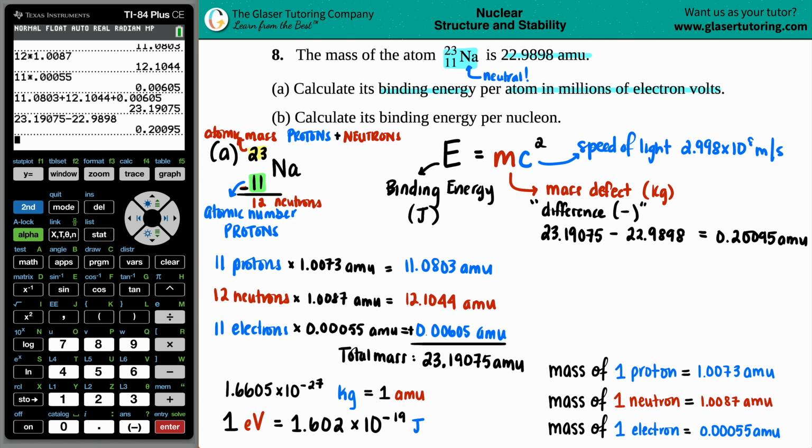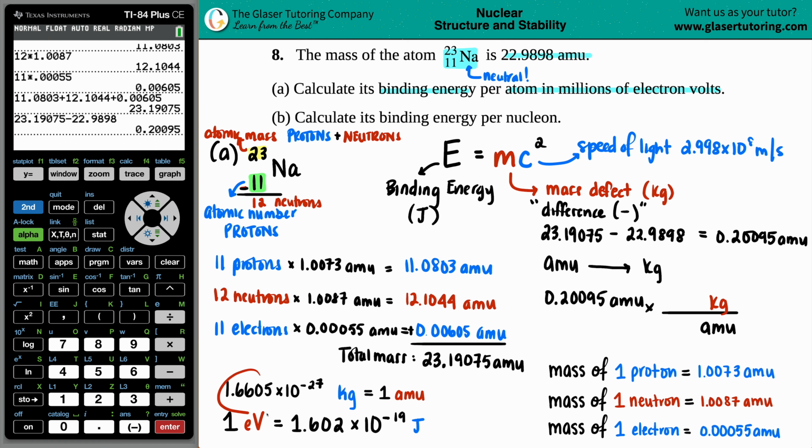So before we even do that, we have to convert AMU into kilograms. So now we're going back to good old dimensional analysis. We'll start with what we're given, 0.20095 AMU times that. Put the unit that you don't want on the opposite side. Always put your units first and then come back and put your numbers.